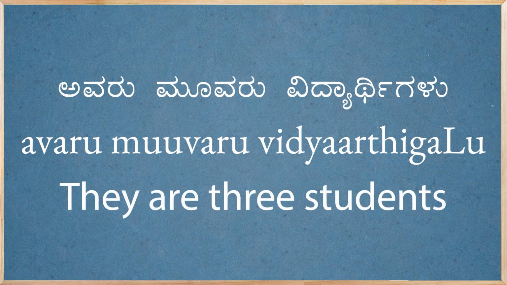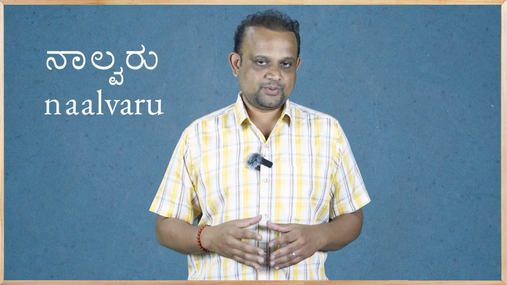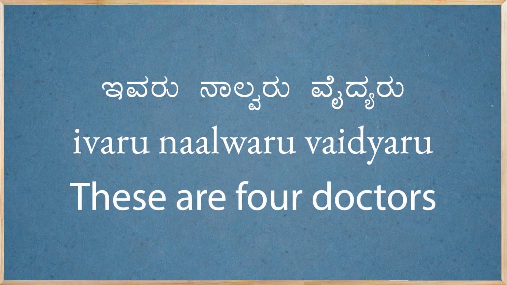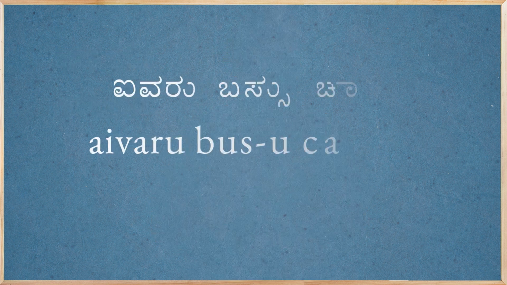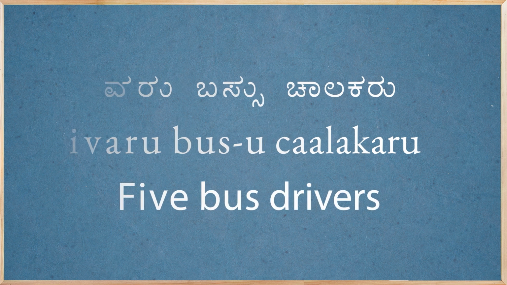They are three students. Four persons is ನಾಲ್ವರು. ಇವರು ನಾಲ್ವರು ವೈದ್ಯರು. These are 4 doctors. 5 persons is ಐವರು. ಐವರು ಬಸ್ಸು ಚಾಲಕರು. 5 bus drivers.